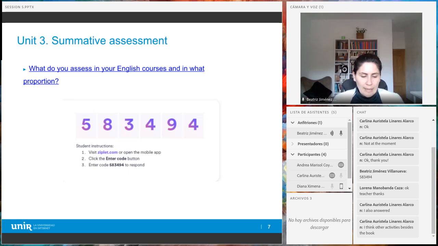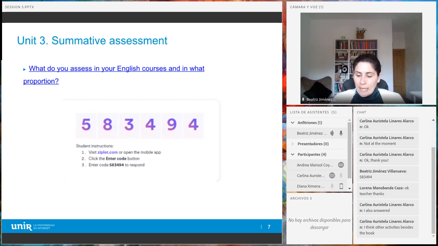Okay. That certifies somehow the level that the student has achieved at some specific point, at the end of a unit, at the end of a term, at the end of the academic year.